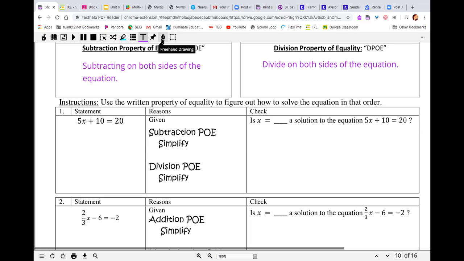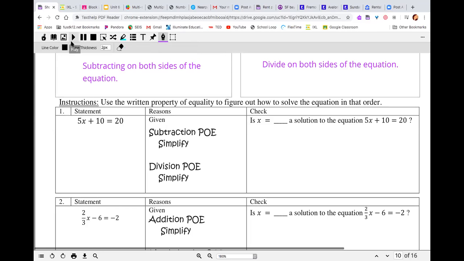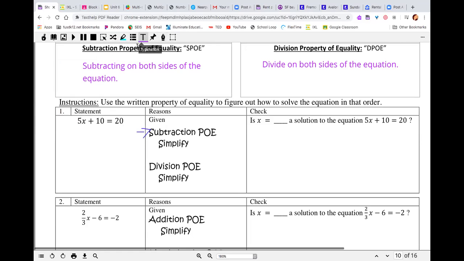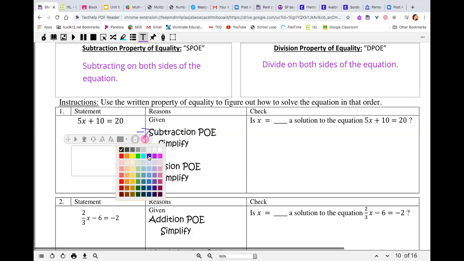And then when I'm looking at this, it says SPOE, so that's my clue. What am I doing first? It says 5x plus 10 equals 20.